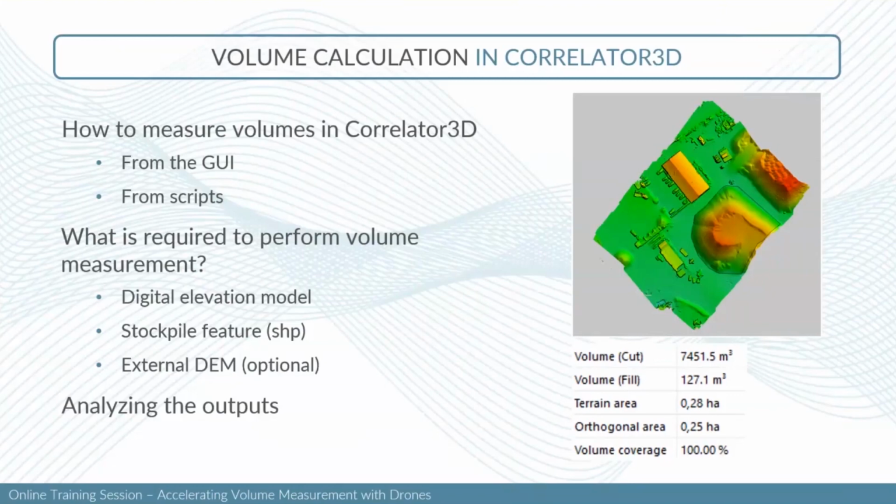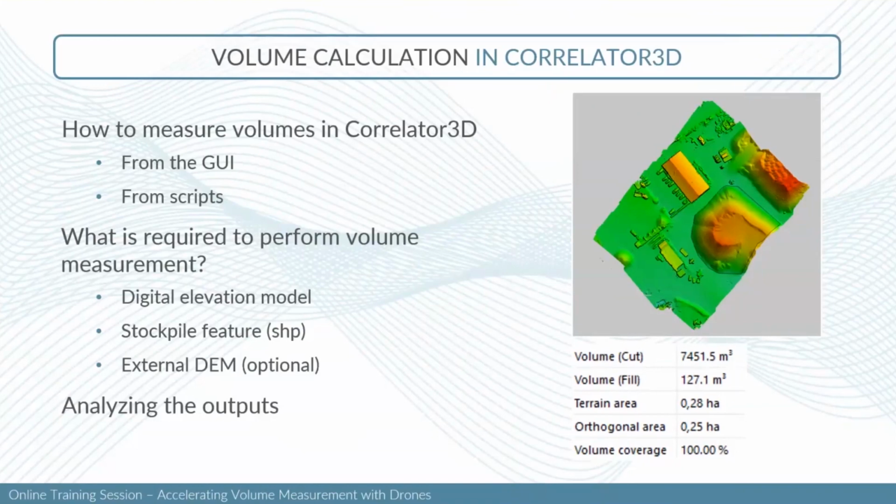running from the command line. If you want to perform those types of measurements, there are three elements that are required. At least two are required, and the third one is optional depending on the type of analysis that you will perform. But you at least need a digital elevation model that represents the area you want to map.